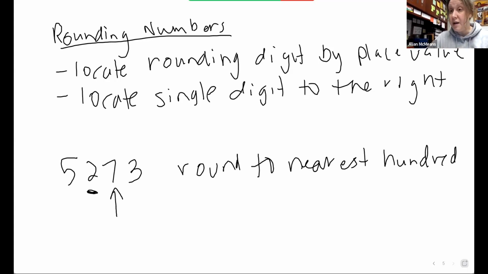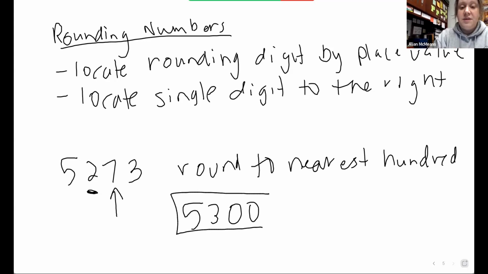If this digit to the right is 5 or greater, I round up. It's 7, so that's greater than 5. So I round up. The way I round up is I add 1 to the rounding digit, and then everything after that just becomes zeros. So we would say 5,273 is closer to 5,300 than it is to 5,200. And that's the whole idea of rounding: what am I closer to based on a particular place value?